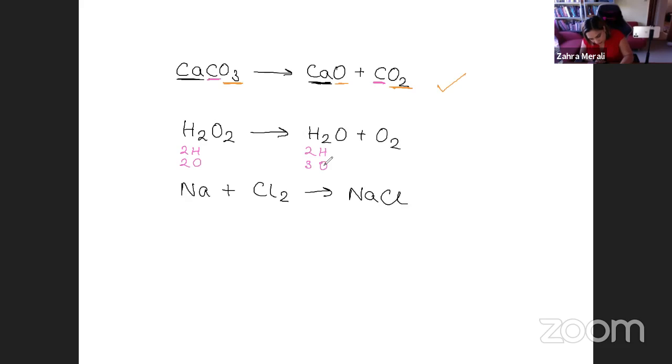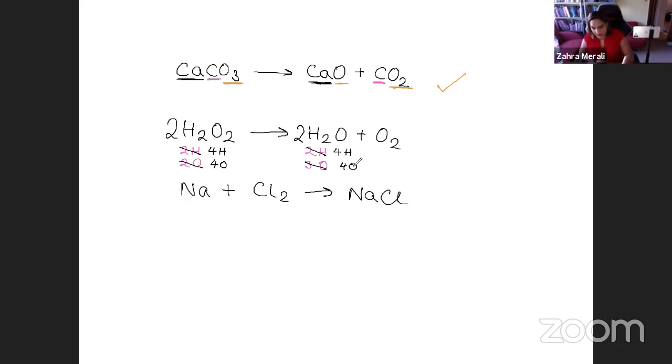So if I increase this one by 1, this becomes 2. So now I've got 4 hydrogens and 4 oxygens. And here, if I put a 2 here, that gives me my 4 hydrogens, and my 2 plus my 2, so my 4 oxygens. It's like a bit of a puzzle. And now it's balanced, now I'm happy.